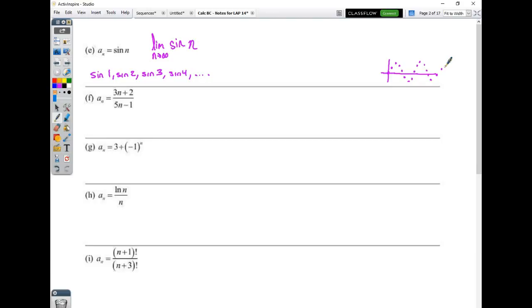This does not approach a value. Remember, we're going to let this n go to infinity, which means this is going to continue going, right? As that n continues to grow, all the function does is oscillate. It diverges, and we can say that there is an oscillation.